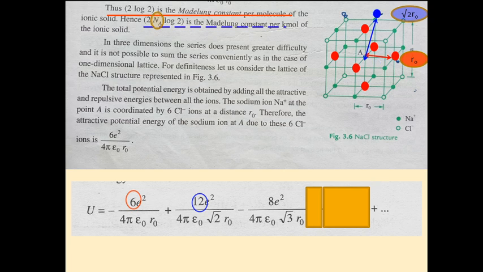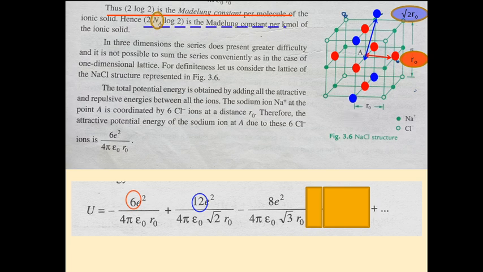And here let us calculate where these are. The blue dots represent the sodium ions, so the ion at position A is also sodium. Now we are calculating another 12 positions with sodium ions at a distance of root 2 R0. So let us check that. In this plane I have 1, 2, 3 and 4.